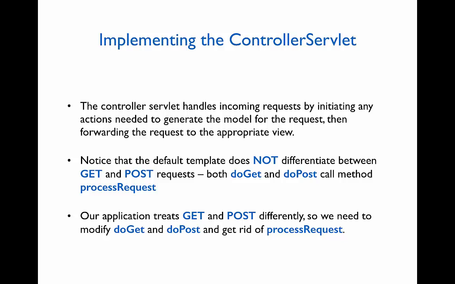But the code that NetBeans creates has both of these methods calling through to a helper method called processRequest. So both GET and POST requests are effectively handled the same way here. We don't want this. So we're going to get rid of the processRequest helper method, and we're going to modify the code for the doGet and the doPost methods.